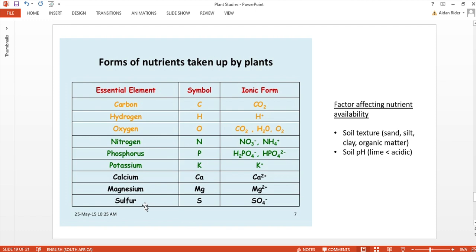Sulfur is usually taken up in the form of sulfate ions. Then potassium. I'm reading at the same time. Potassium is normally bound to the soil colloids, as we saw in the previous video. If lime is added to the soil, as soon as lime is added, it displaces all this potassium that was attached to the soil, and it leaves the soil.